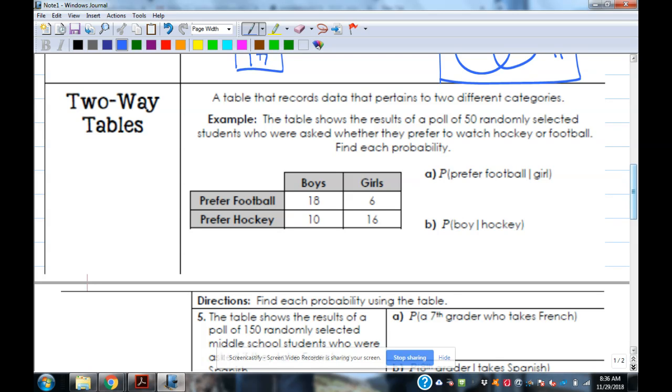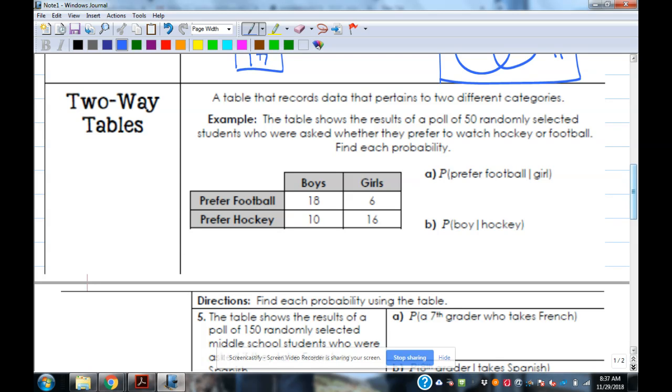First row is people that prefer football, the boys and the girls. Second row is prefer hockey, boys and girls. First column are the boys. Second column are the girls. So if they ask anything about given boys or given girls, you're thinking column here.